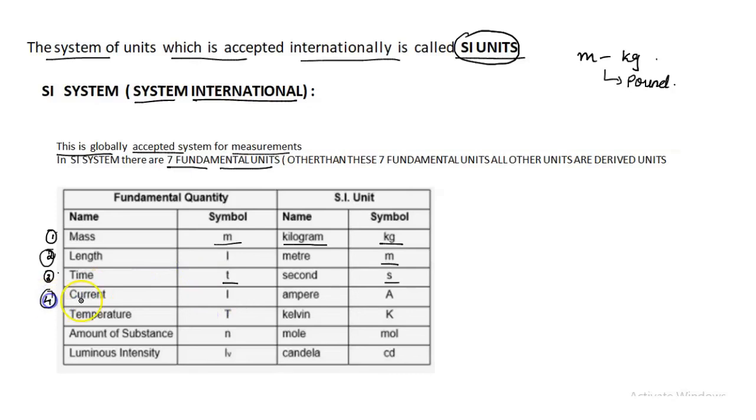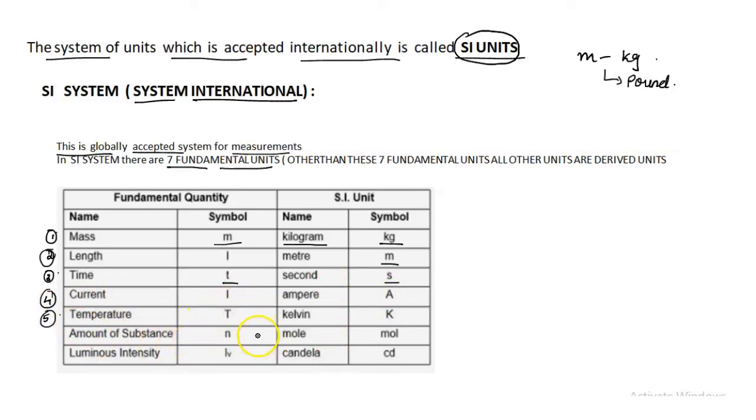Fourth one, current. We represent the current as I, and SI unit for current is ampere, represented as A. Next fundamental quantity is temperature.